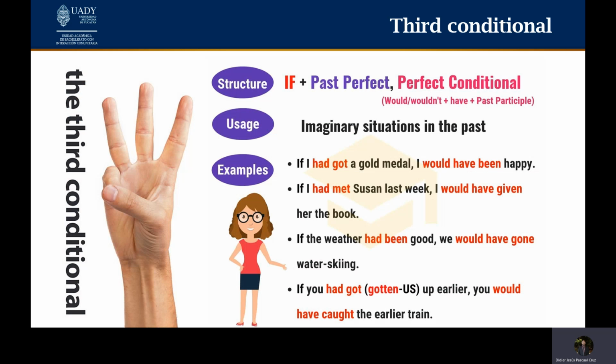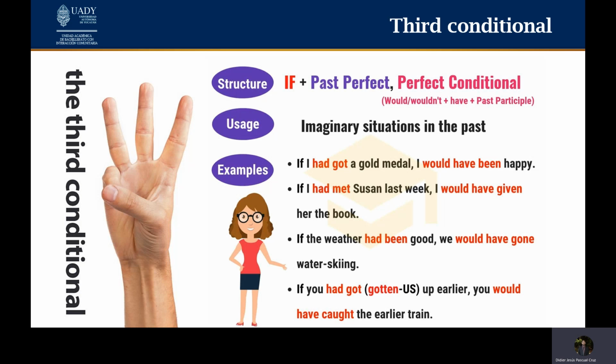Also, for this activity, we're going to use the third conditional to express unreal situations in the past. To use the third conditional, we need to use the word if plus the past perfect of the verb plus the perfect conditional.